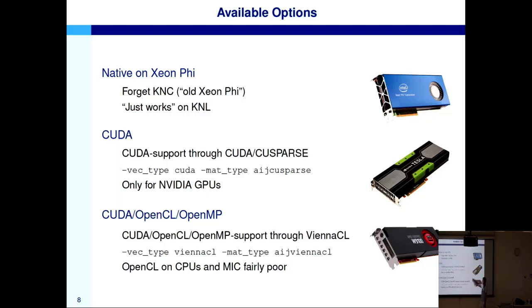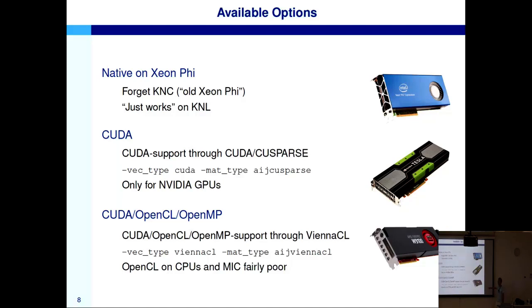And if you don't want to tie yourself to CUDA too much, you have the option of using OpenCL or OpenMP through ViennaCL, similarly by just providing the respective vector and matrix types. Please be warned with OpenCL.